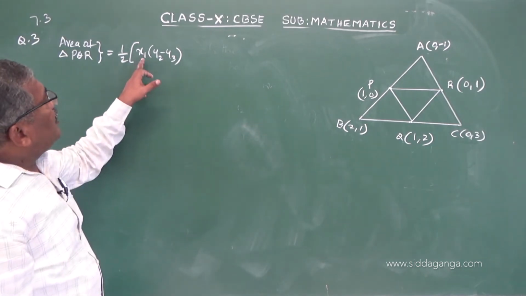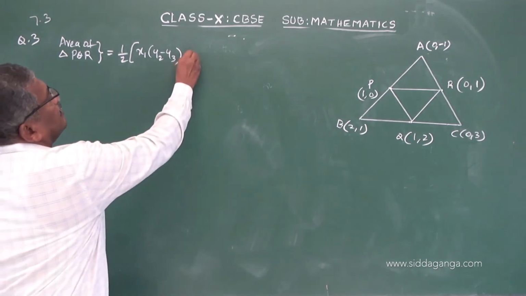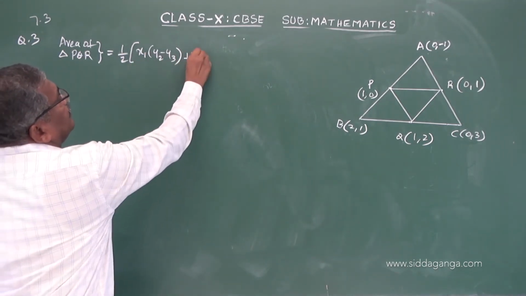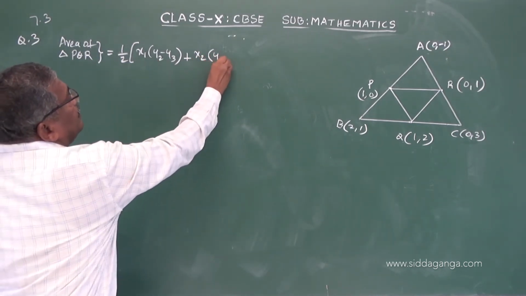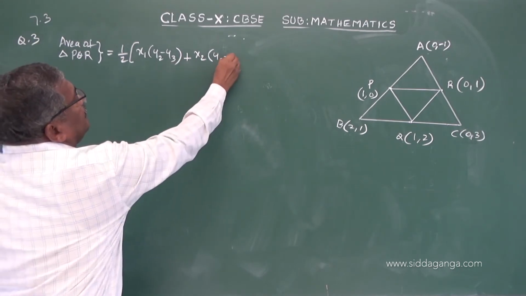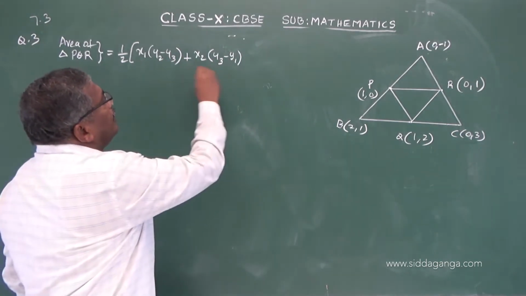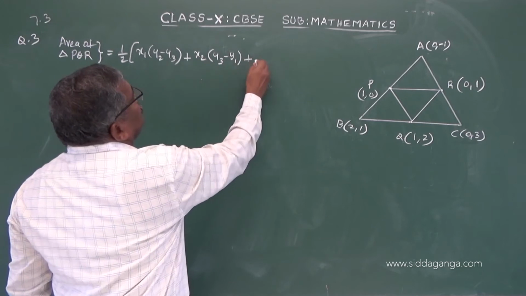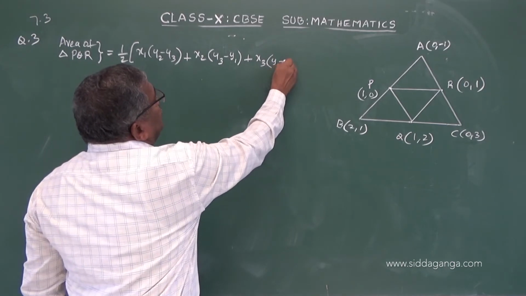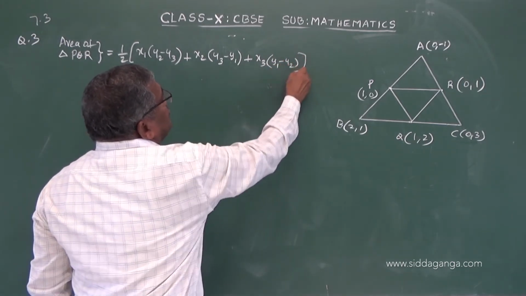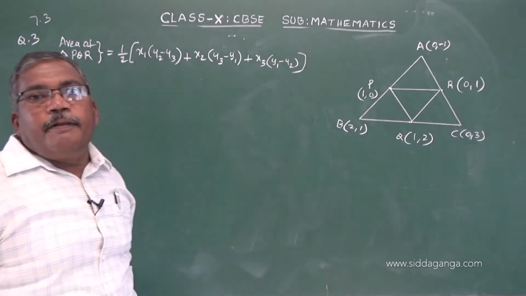They are in the cyclic order 1, 2, 3. x1 into y2 minus y3 plus x2 into y3 minus y1, cyclic order 1, 2, 3, 1, 2, 3 like that, plus x3 into y1 minus y2. So this is the triangle area when the coordinates are given.